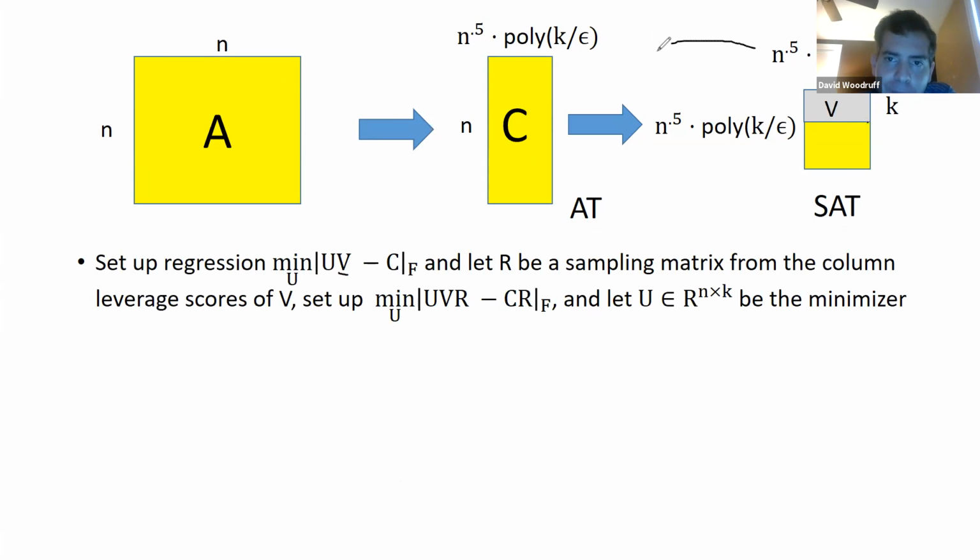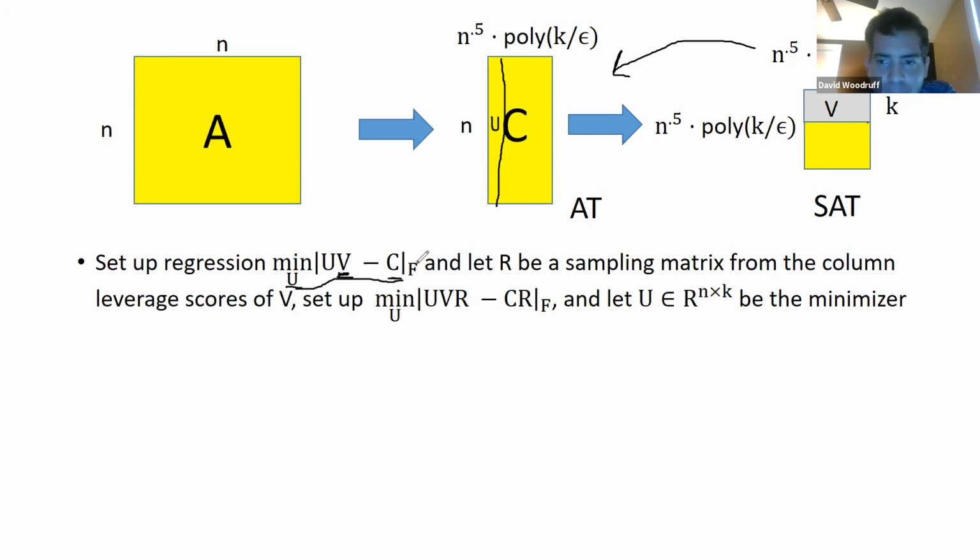We're going to first go backwards to this set of columns C. So we're going to set up a regression like min over left factors u, this would be like a nice k-dimensional space for C, of the Frobenius norm of u times v, we know v, minus C. Now we can't even write down this regression problem because we don't want to read all the entries of C. You know, a really nice thing so far is these sampling matrices didn't have to read the entries of C. Well, we have V in our hand, so what we can do is leverage score sampling again.